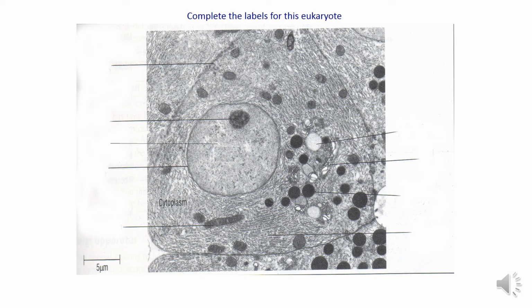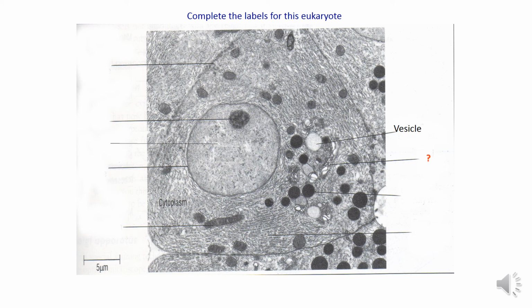Let's now move on to this electron micrograph now, again with some labels. See how you get on here. This is perhaps quite a tough one to start with. If I can give you a clue, it's containing proteins that may well be moving towards the membrane for release.